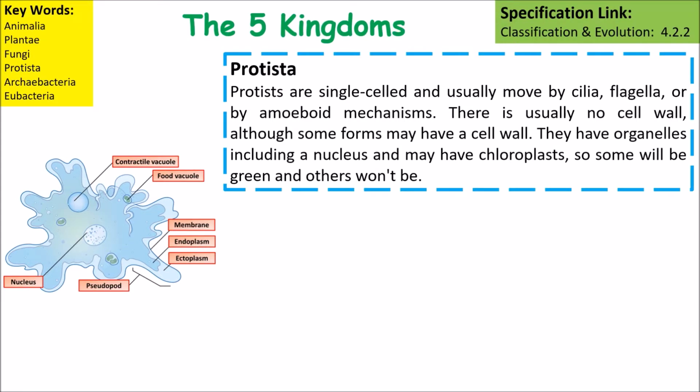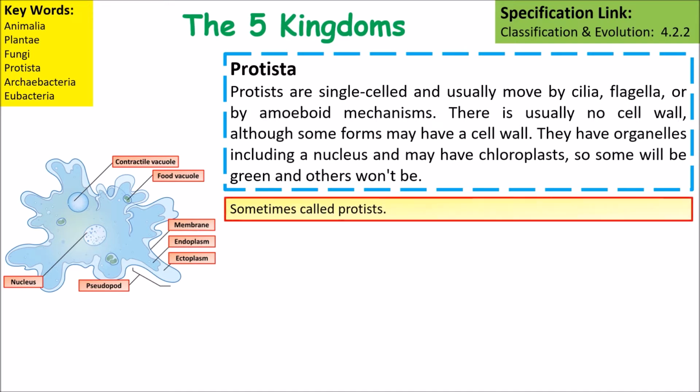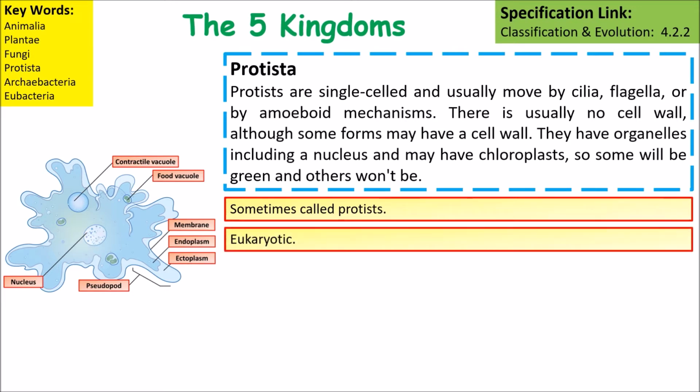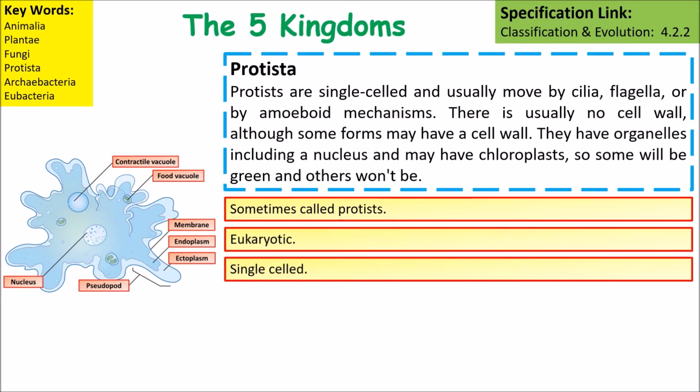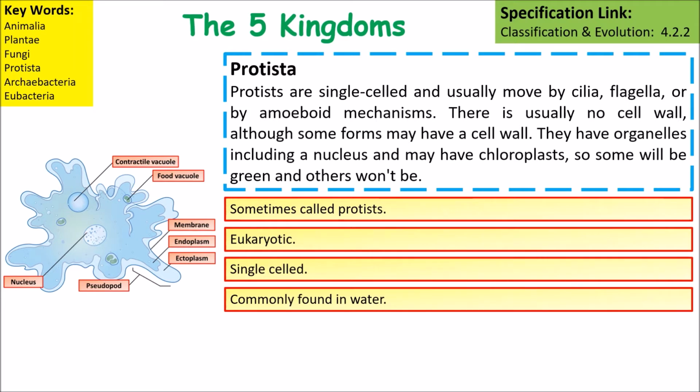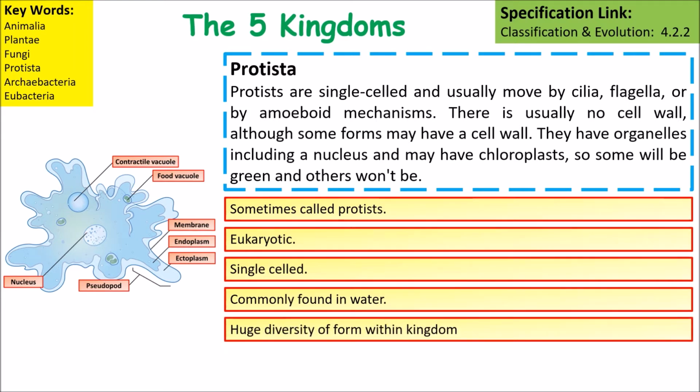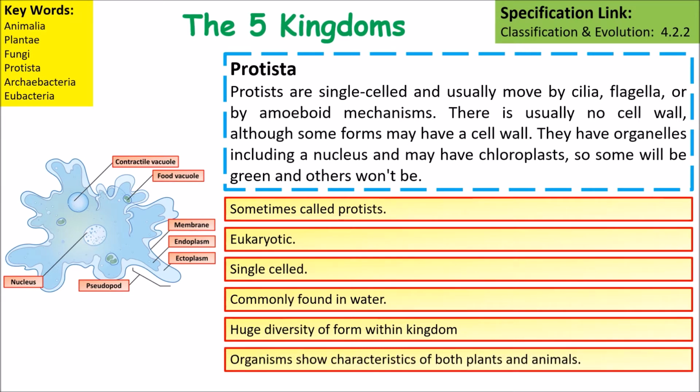Protists are single-celled, usually, and move using cilia or flagella. An example of a protist might be an amoeba. They're eukaryotic, so they have a nucleus. They're single-celled and commonly found in water. There's a huge diversity of them, and the organisms show characteristics of both plant and animal cells.